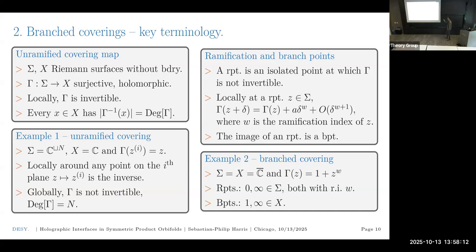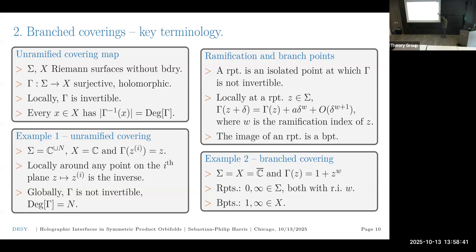And now for ramification. A ramified covering map is a map that, if we take away finitely many points from sigma, from the covering space, would become an unramified covering map, in the sense defined on the left-hand side. And these isolated points at which we allow gamma to degenerate are called ramification points in this context.